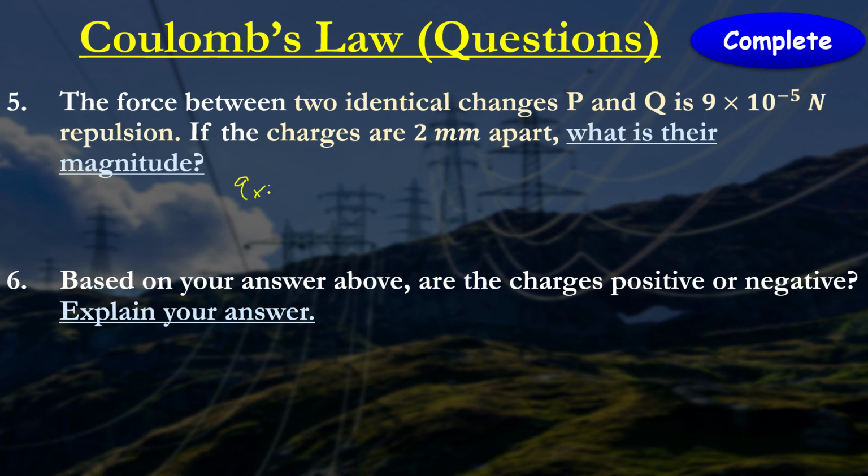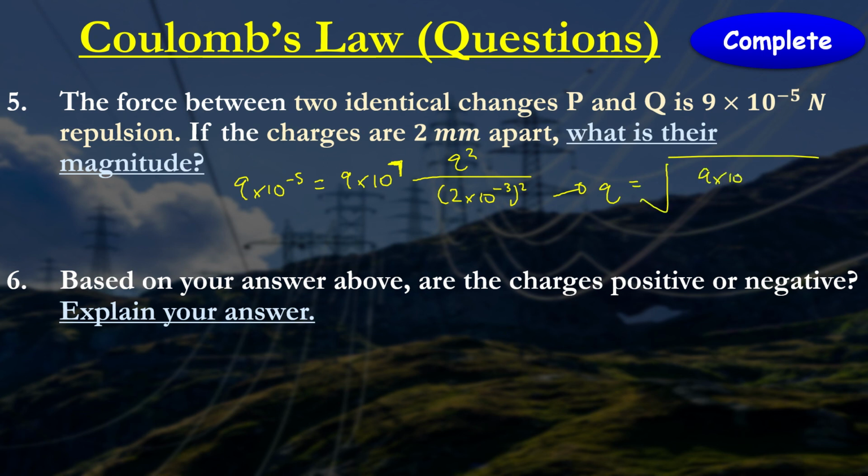So we have 9 times 10 to the minus 5 equals 9 times 10 to the power 9, Q squared, over 2 millimeters, which is 2 times 10 to the minus 3 meters. So substitute everything across. We get that this is the square root of 9 times 10 to the minus 5 times the distance squared, divided by the constant.